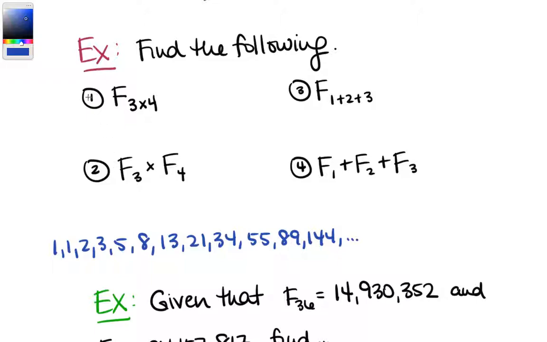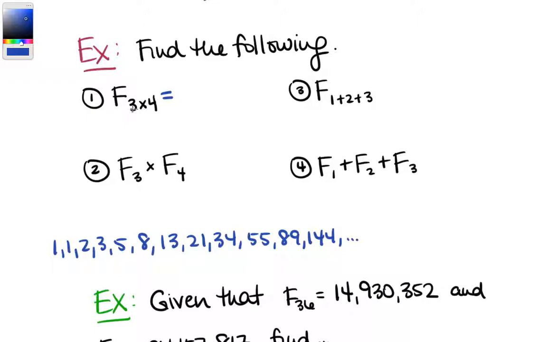Again, we have these pairs comparing being down in the index versus being up with individual Fibonacci numbers being multiplied by other Fibonacci numbers. Here I'm going to pause and let you work on this one yourself. Determine which Fibonacci number this is.